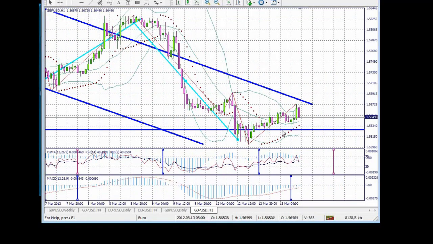So now we are at the inferior line of the channel. We have a signal for the pair already tested the inferior line of the channel.